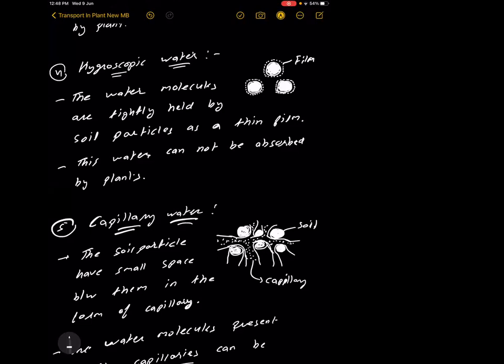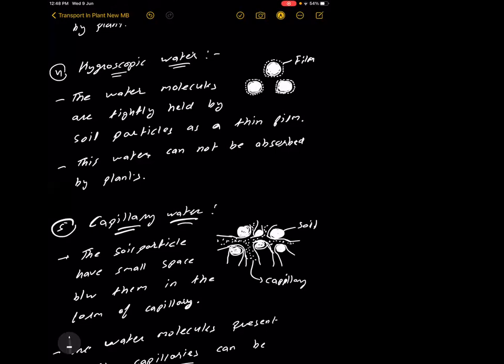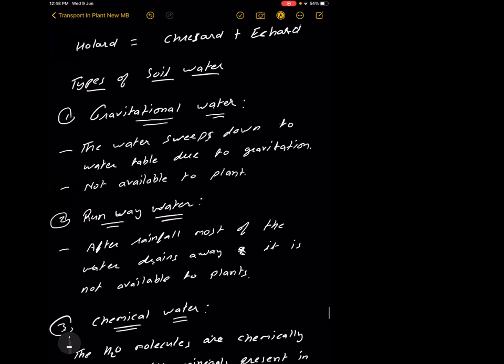Let me check which slot is free. So we will sit on that day. I will message in the group. Sir, can you scroll down to soil water, types of soil?